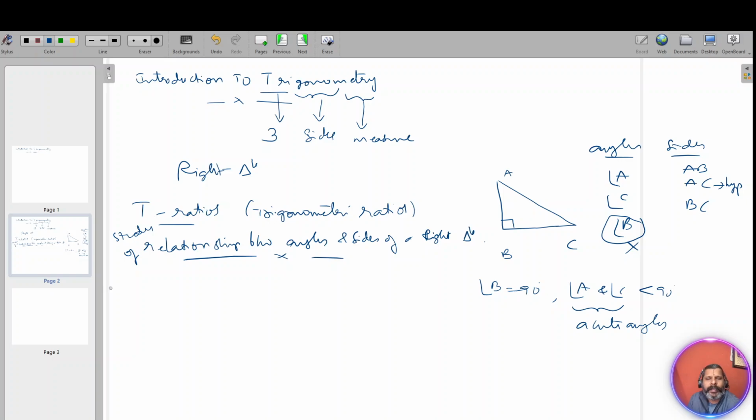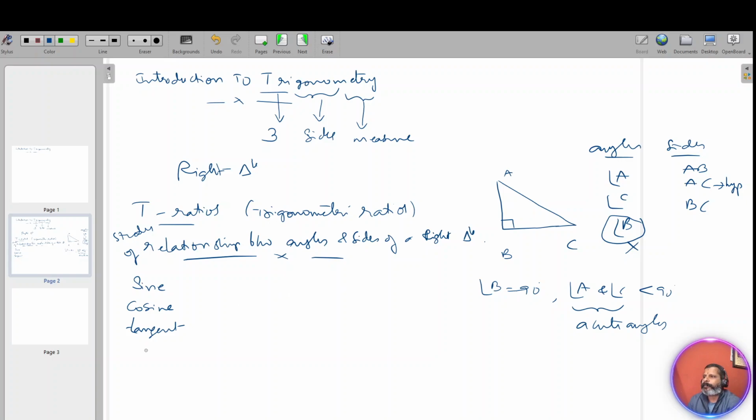We have 6 trigonometric ratios, namely sine, cosine, tangent. These are one set of ratios. The other set are the reciprocals of these three only.